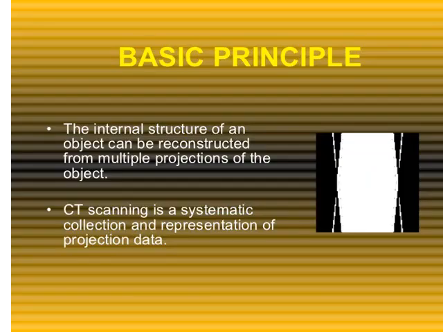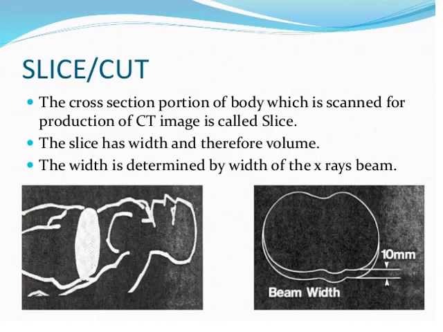The basic principle of CT is that the internal structure of an object can be reconstructed from multiple projections of the object. It is a systematic collection and representation of projected data. As we usually know, in CT, the cross-section portion of the body which is scanned for production of a CT image is called a slice.